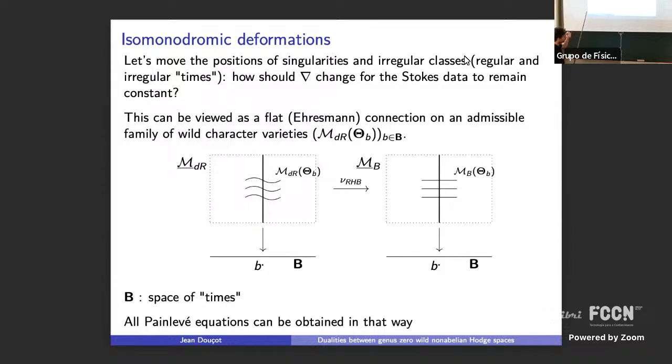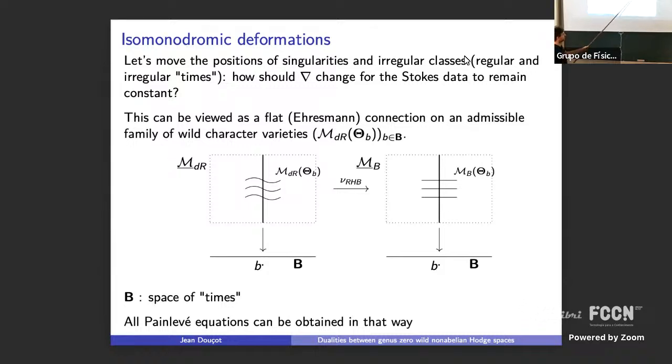And schematically, it's kind of nice to view it geometrically in this way. You will have a base space B of deformation parameters, your isomonodromic times. And over this base space, you have a fibration, a family of wild character varieties. For each point in the base, you have a corresponding global irregular class and positions of the singularities, and you have the corresponding wild character variety.